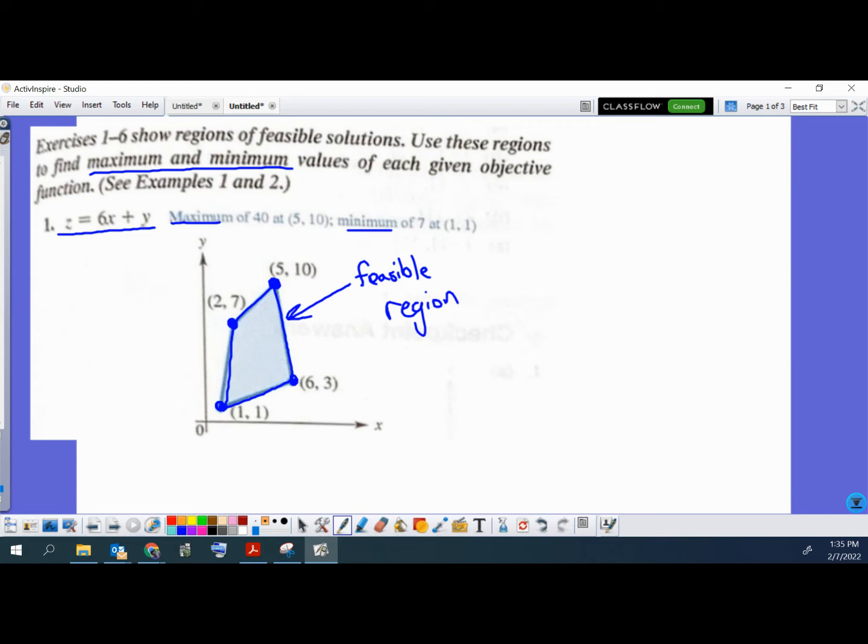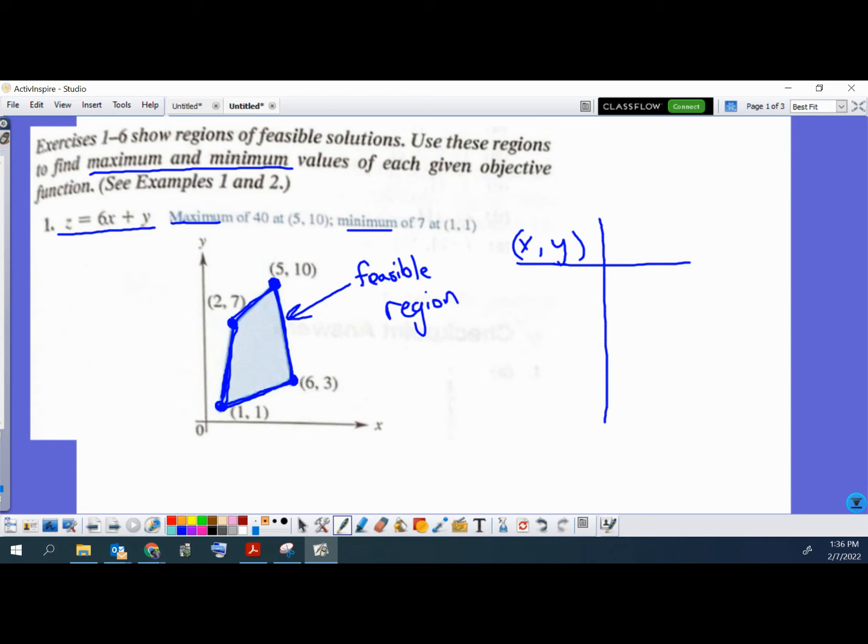So basically, once you have a feasible region and you know the corners of it, because all these are linear constraints, right? Since everything is linear, including the objective function, z as a function of x and y, it's just 6x plus 1y. It's a multiple of x plus a multiple of y. Because all of that is linear, the corner points are what we're interested in. So all we really need to do here is test the corner points.